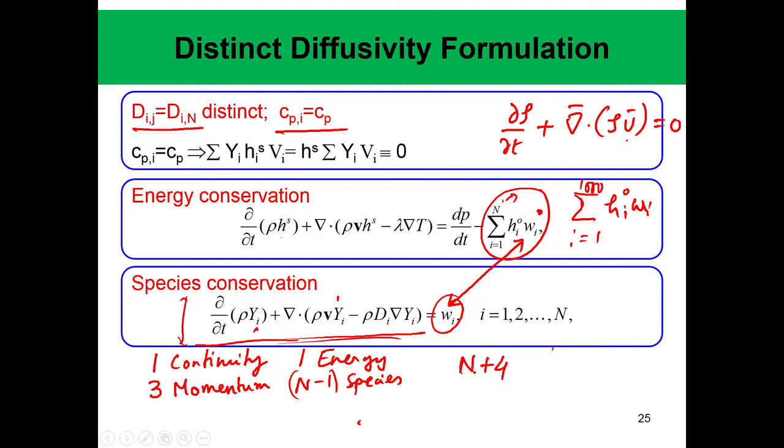So, typically for a large hydrocarbon like kerosene, if you have say 1000 species, then it will be 1004 partial differential equations that you need to solve. Now, this looks very challenging. Of course, it is challenging, but this is why it is so exciting and so complex, okay.